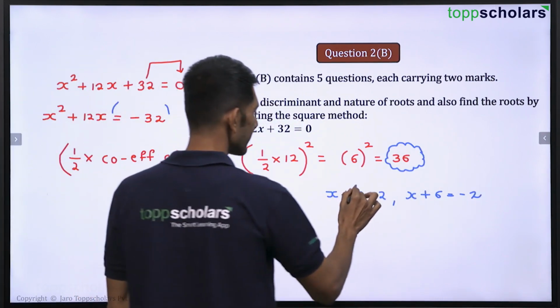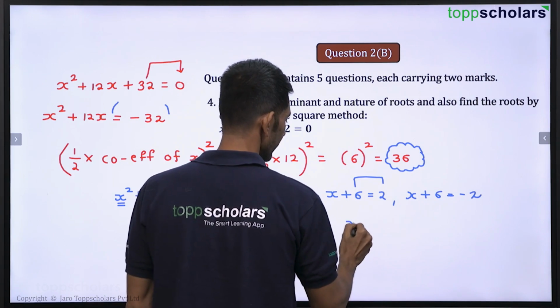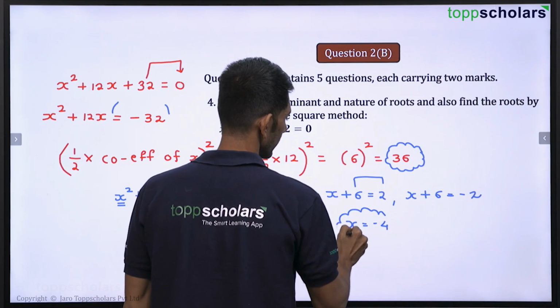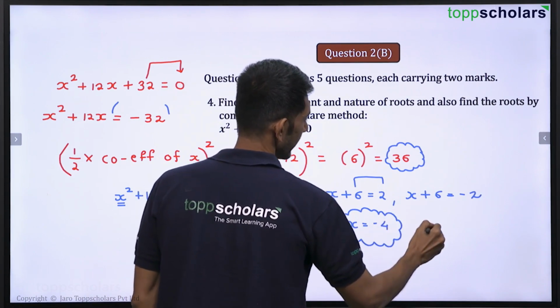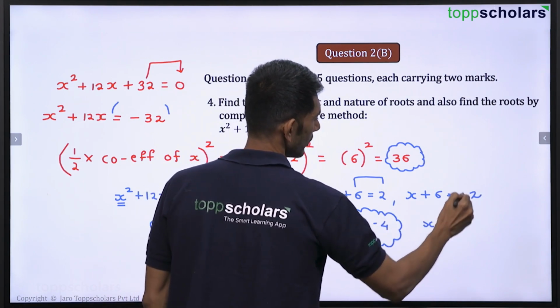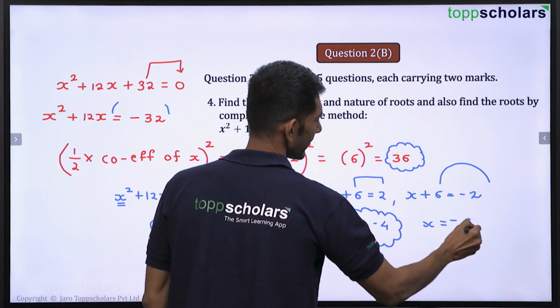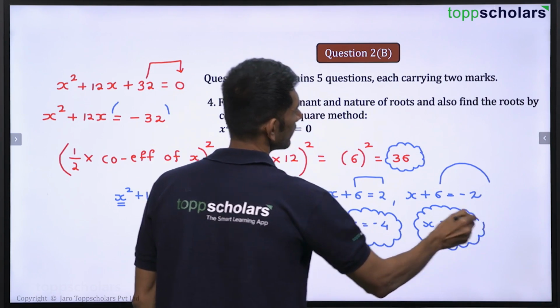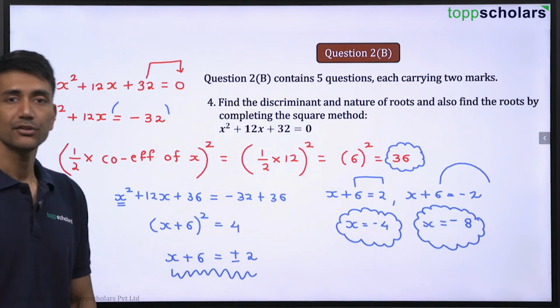So if you take plus 6 on the other side, you get x is equal to 2 minus 6, that is minus 4. And here you get x is equal to minus 2 minus 6, that is minus 8. And that's it. That is your answer.